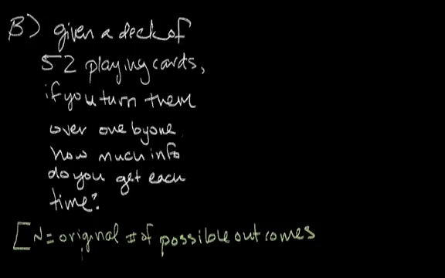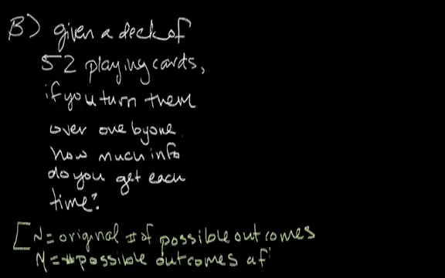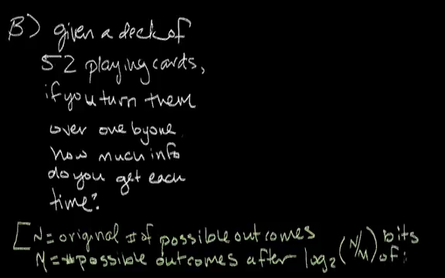And then m is the number of possible outcomes or things that are still unknown after you have received the information, which narrows it down from n to m things. So we get log base 2 of n over m bits of information. So let's figure out what n and m are and plug in some numbers for turning over these cards.